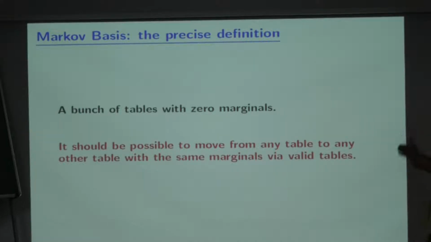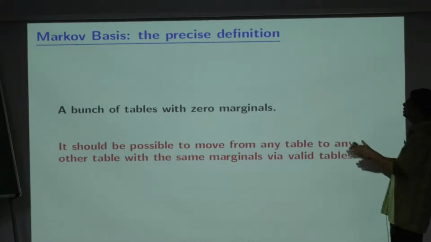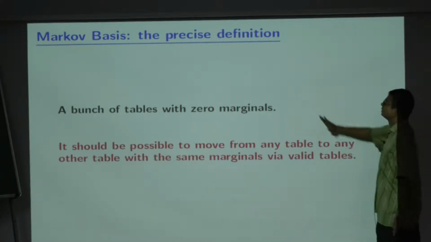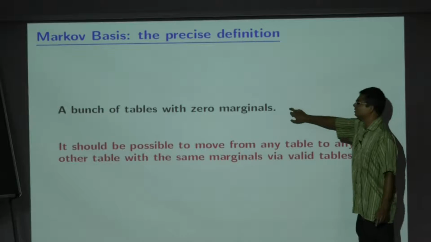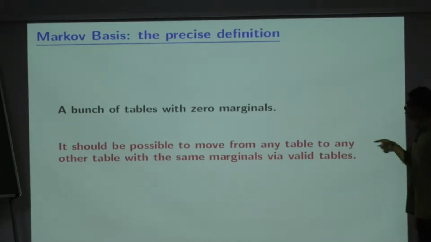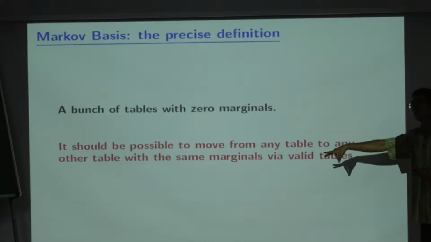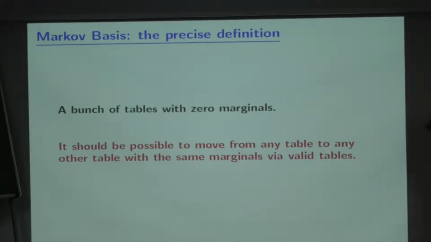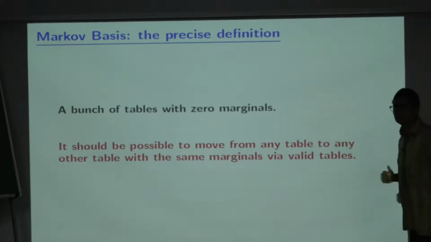You say, if someone gives me such a nice bunch of tables such that they satisfy these 2 conditions. This one is a trivial condition, but this does not look like an easy condition. How do you figure out? Using only these 4 tables, you can move from any contingency table to any other contingency table with the same marginals. How do you design such a Markov basis?